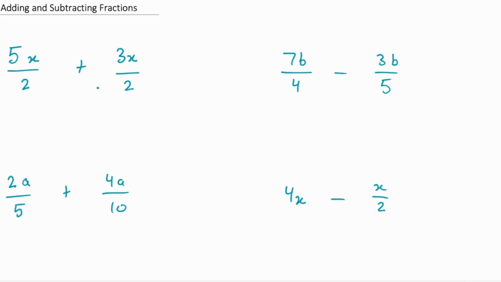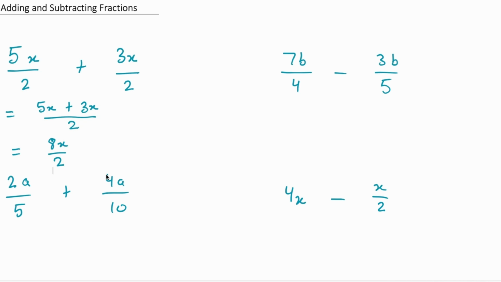Now, with the same denominator, we can combine the fractions under a common denominator. So in that case, we will get 5x plus 3x all over 2. The next step is let's go ahead and simplify our numerator. 5x plus 3x gives us 8x, and then add in the denominator over 2.